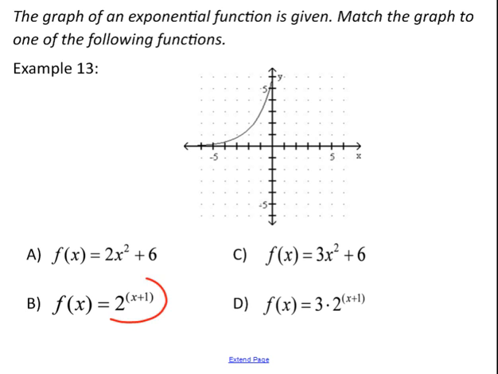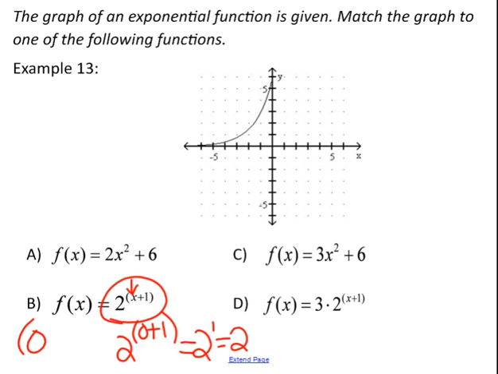If I have 2 to the x plus 1, what I'm going to do is plug in x equals 0. If I have 2 to the 0 plus 1, that is 2 to the 1, which is 2. If I plug in 0, I'm going to have the point where x is equal to 0 and y is equal to 2.